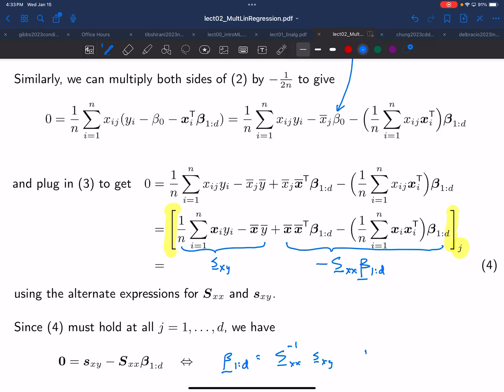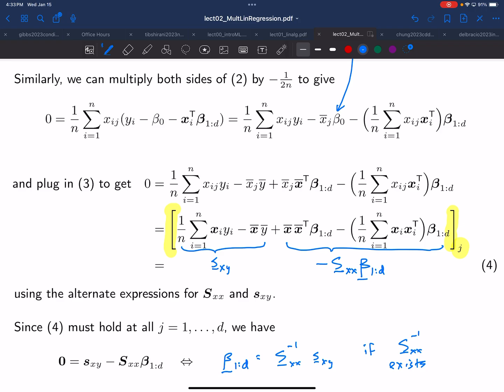Let's add a caveat. This is if SXX inverse exists. When you have lots of data samples, this thing should exist, but you can get into a situation where if you have fewer data samples than features, then that covariance matrix will not be invertible, and you'll be in trouble.